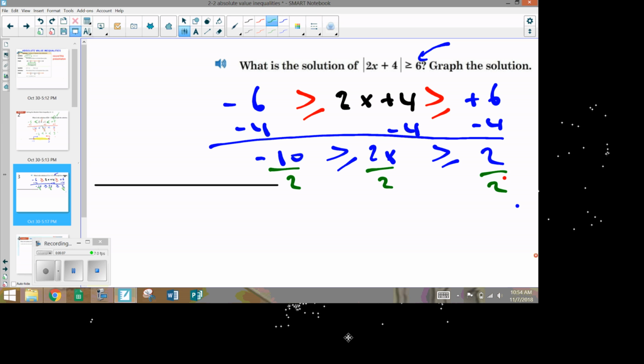You're right. Divide both sides by 2. X. Keep the signs. 1. Negative 5. Okay? We will graph it. Negative 5 and 1.